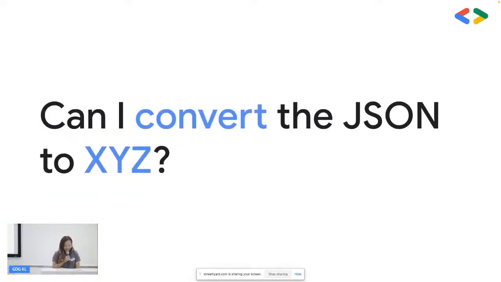Some people are asking, can I convert the JSON file to something else? Instead of exporting the JSON file, can other frameworks like Cypress or Selenium take the JSON file and generate a Cypress script or a Selenium script?